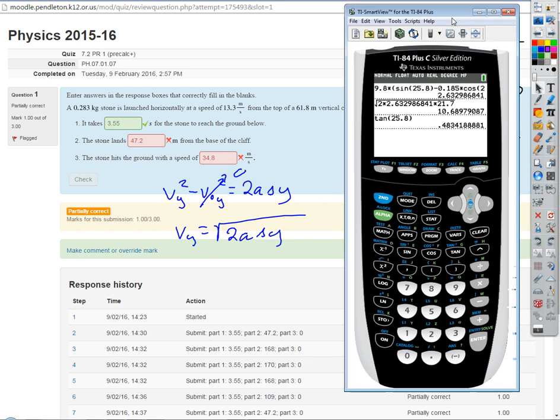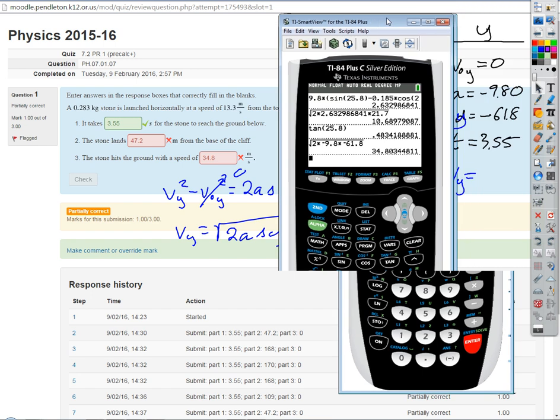So the vertical component would then be the square root of 2 times negative 9.8 times negative 61.8, which is 34.803, and so on.